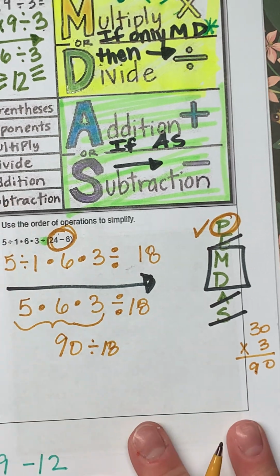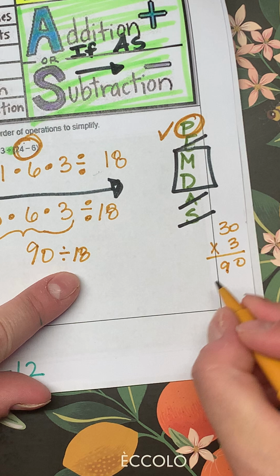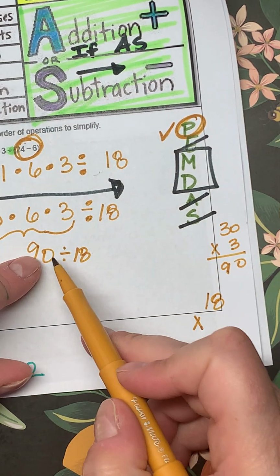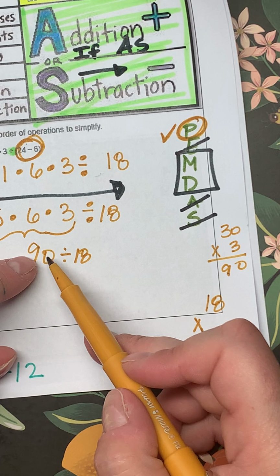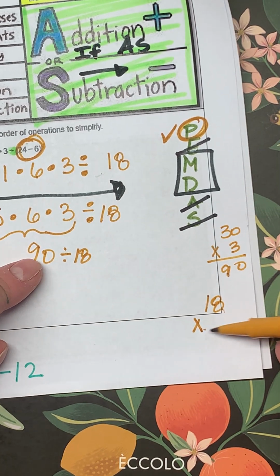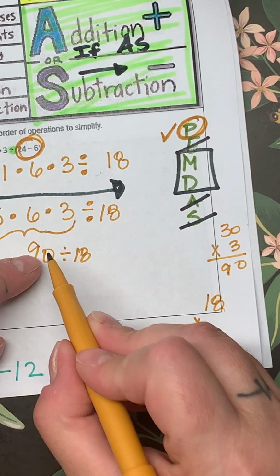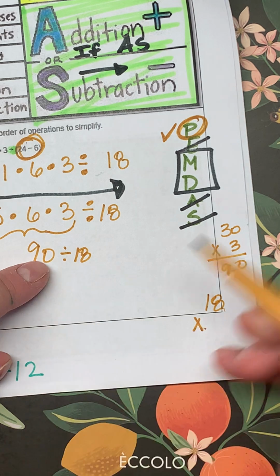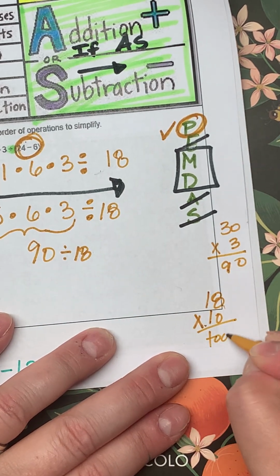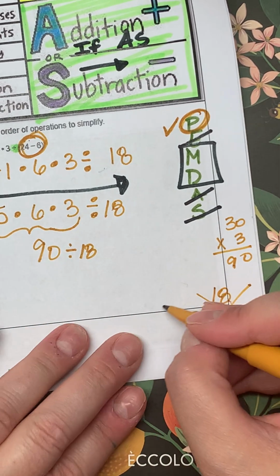Okay, so we need to see how many times 18 can go into 90. If you remember those divisibility rules, this has a 0 in it. So let's try saying 18 times 10 or 18 times 5 to get to 90, because 90 has a 0 at the back end. Well, if I do 18 times 10, that's too big. That's like 180 or something. So let's try 18 times 5.